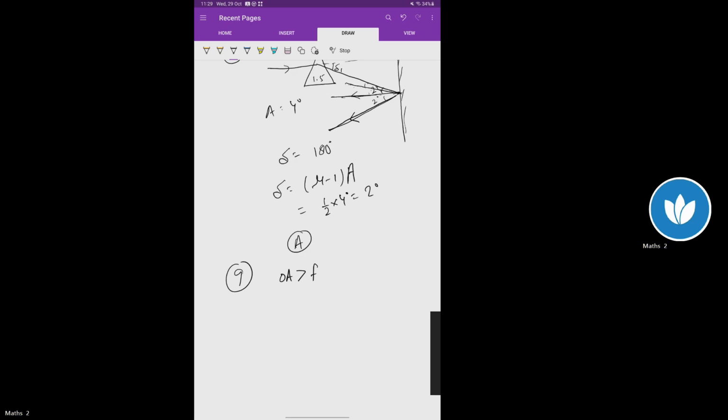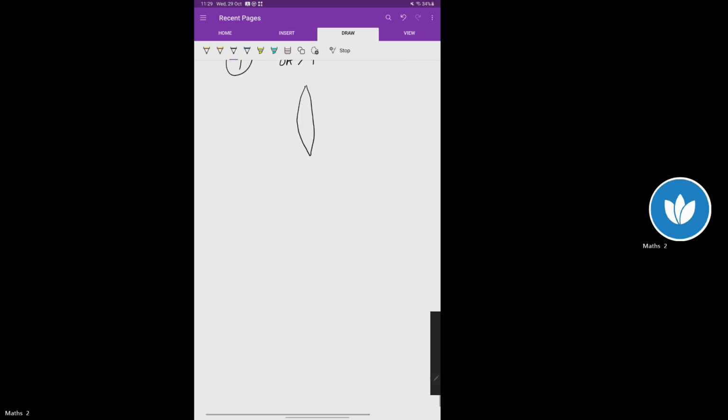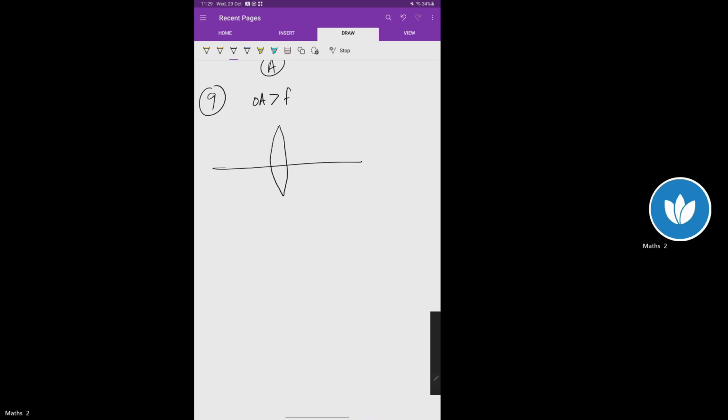Then find F in terms of A, B, C. This is the lens, a convex lens. This is A, C, and B, and this angle BCA is 90 degree. This length is C, this is A, this is B.